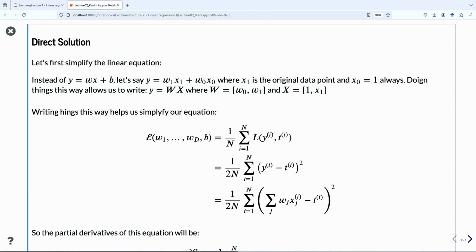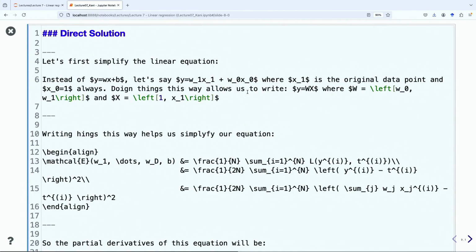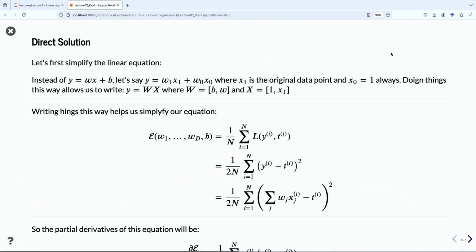So doing this allows us to write y is equal to wx, where w is equal to w1, w and the bias, which is equal to the w and the bias, and x is equal to 1 and the actual parameter x. Okay, so multiplying these two together gives us b plus wx1. Does that make sense?